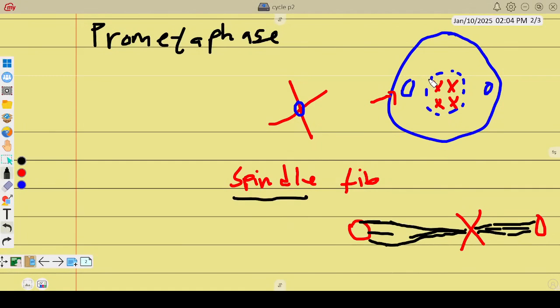So let's quickly go through. At prometaphase, the centrosomes will move to the opposite poles, and then the chromosomes undergo further condensation. After further condensation, the kinetochores will appear.